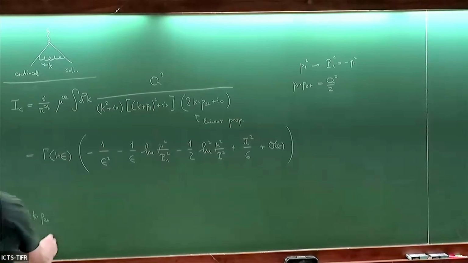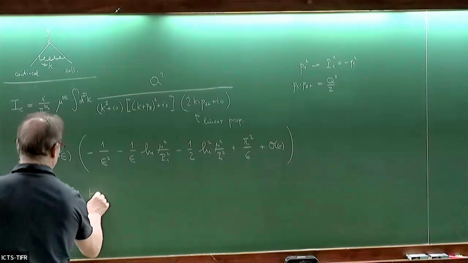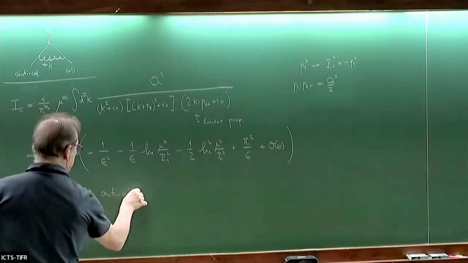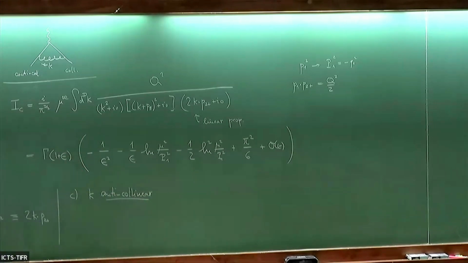Now, obviously, we have also the third case where k is anticollinear. And here we don't need to do the calculation because all we need to do is to exchange p1 and p2 in this expression. It's completely symmetrical.